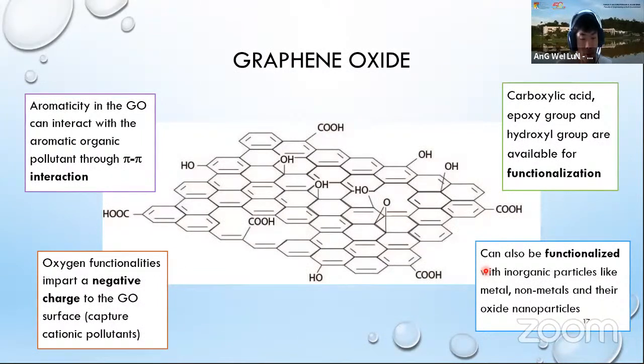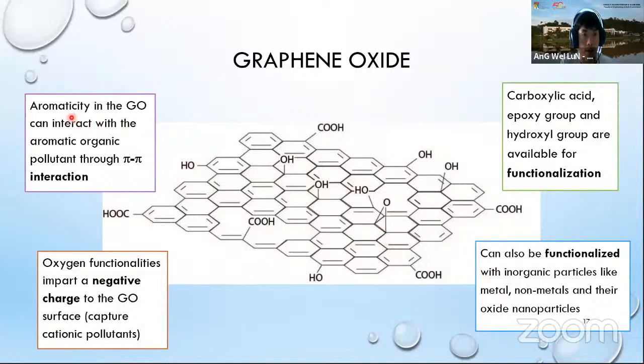If you go through the research articles, you'll notice that a lot of people are using graphene oxide for their work in environmental remediation, water and wastewater treatment, and pollutant removal. That's the reason why graphene oxide is getting the attention of researchers.